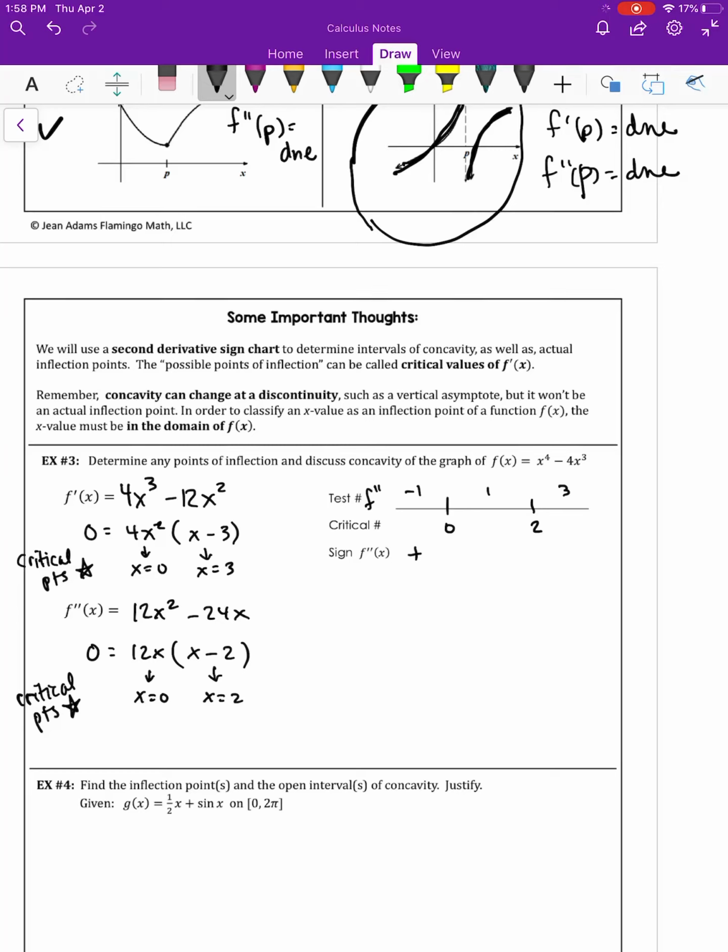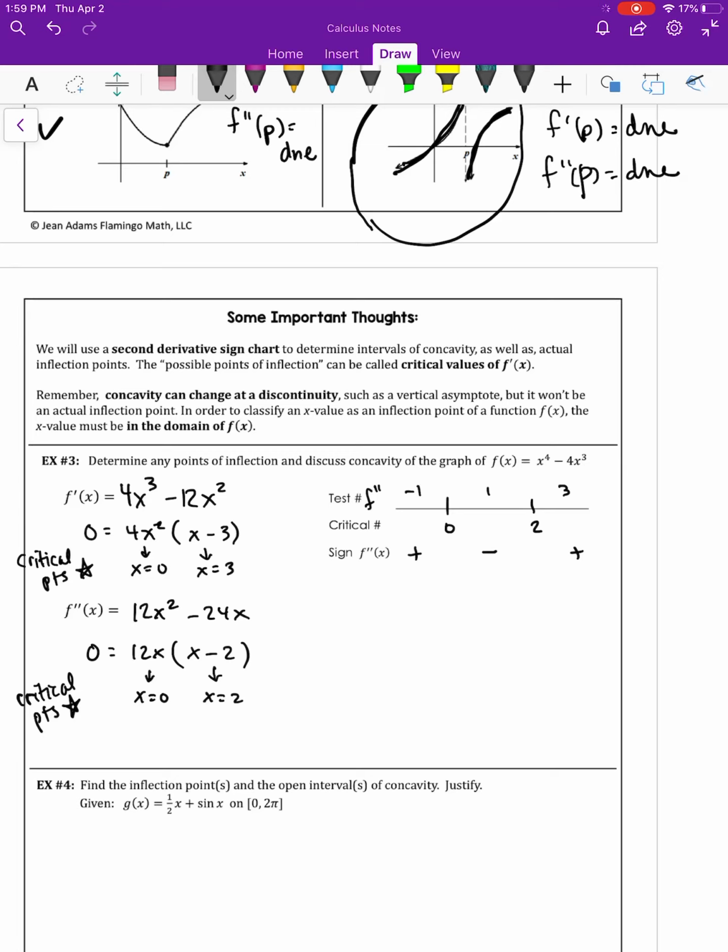If I put a 1 in, I would get a positive times a negative. That would give me a negative for in between 0 and 2. And if I put a 3 in, I would get a positive times a positive, which would give me a positive for my f double prime, for the interval from 2 to infinity.